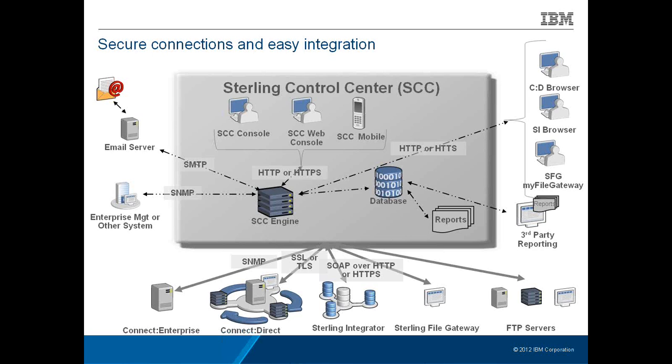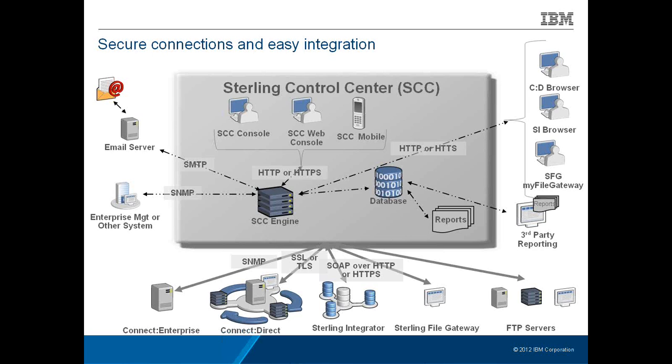As depicted here, it could integrate with various Connect Direct instances, monitor FTP instances, monitor Sterling File Gateway, and integrate with databases. Third-party reporting tools can churn out a lot of reports from the data pumped in through the Control Center engine.